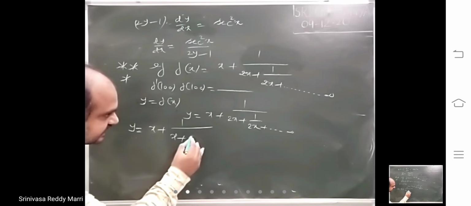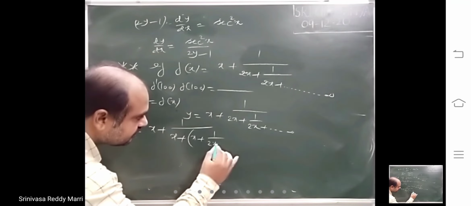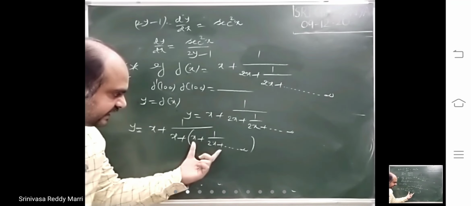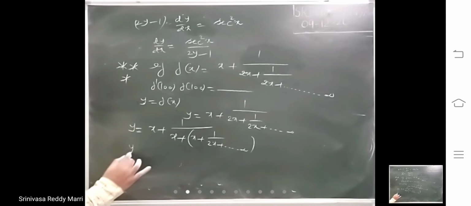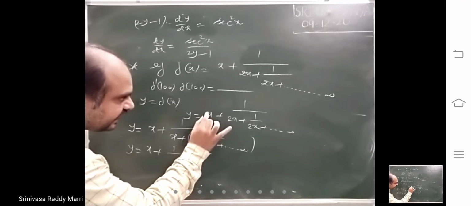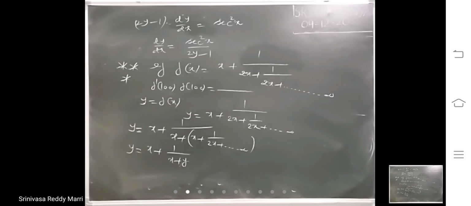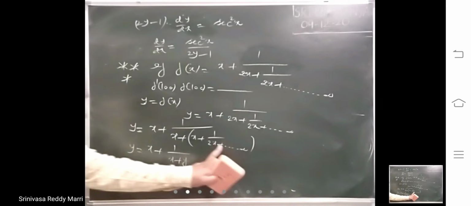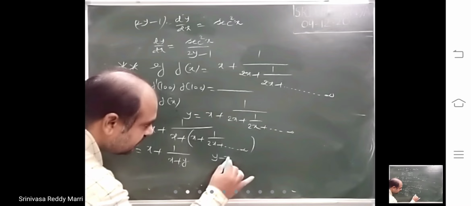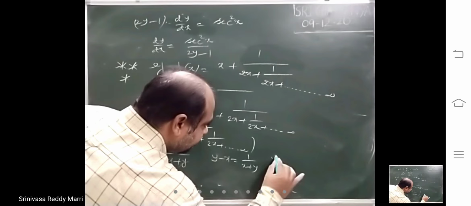The first 2x I have written as x plus, and this again is y. This again repeats, that means 1 by x, and from here onwards it again repeats as y. Bring this side: y minus x equal to 1 by x plus y.